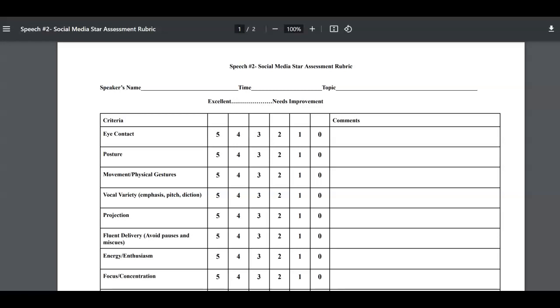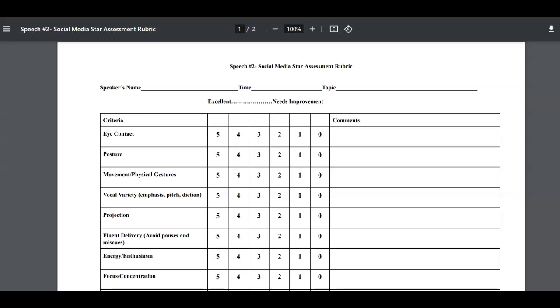Eye contact, remember from our lecture, is a great way to express confidence. It's a great way to express your credibility as a speaker, and it's also a great way for you to develop that audience contact, which is so important in successful speech giving.